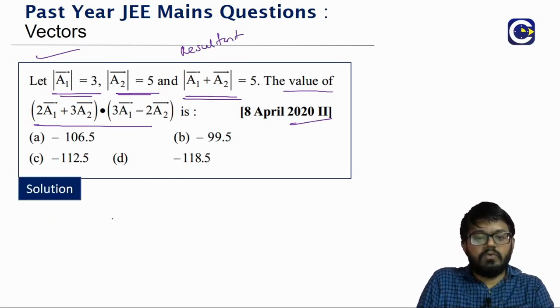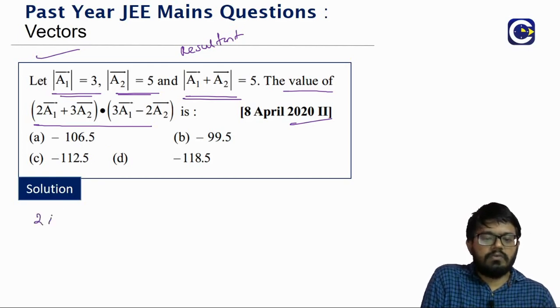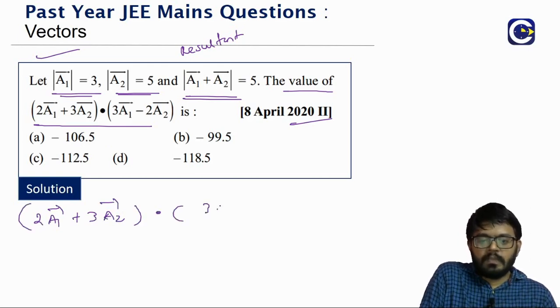We have to find the value of this expression with the dot product. When you want to calculate, let's look at it now. What they are asking us to calculate is (2a1 plus 3a2) dot (3a1 minus 2a2).